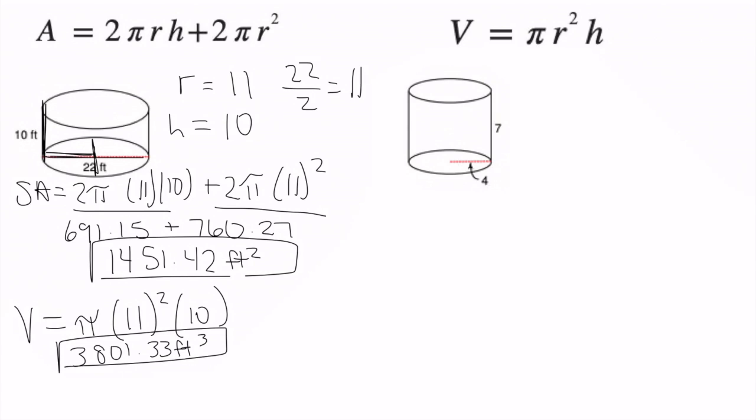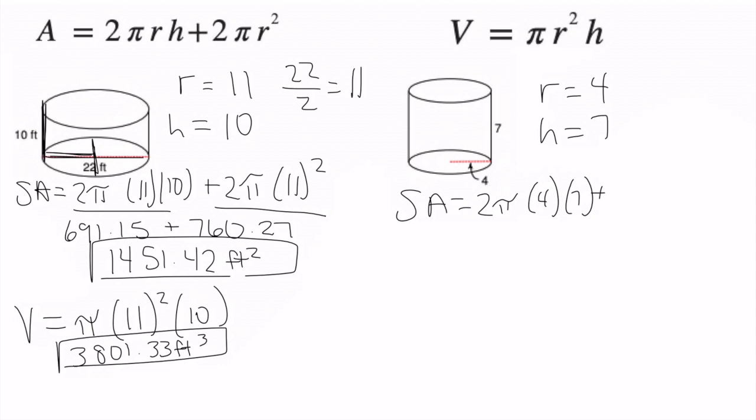All right, and then here we have a radius of 4, height of 7. That'll give us a surface area of 2 pi times 4 times 7 plus 2 pi times a radius of 4 squared. That'll give us, for this part, 175.93 plus 100.53.